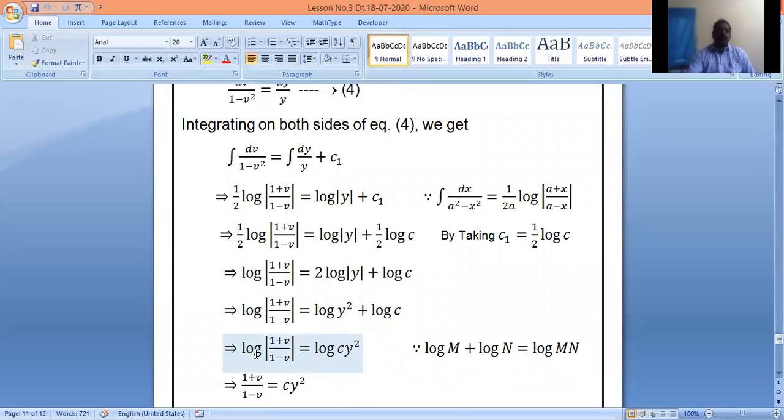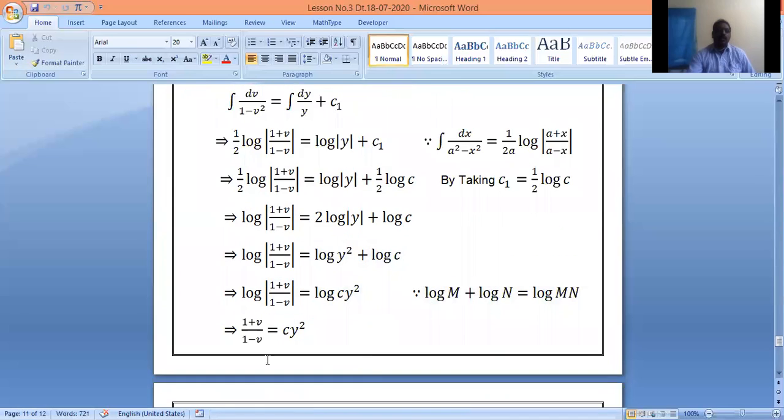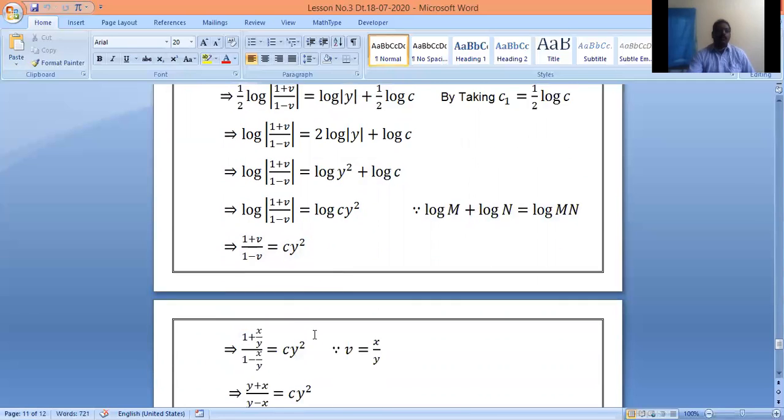Since log m + log n = log mn, we can write log y² + log c as log(cy²). That implies log|(1 + v)/(1 − v)| = log(cy²). By cancelling log on both sides, we get (1 + v)/(1 − v) = cy².